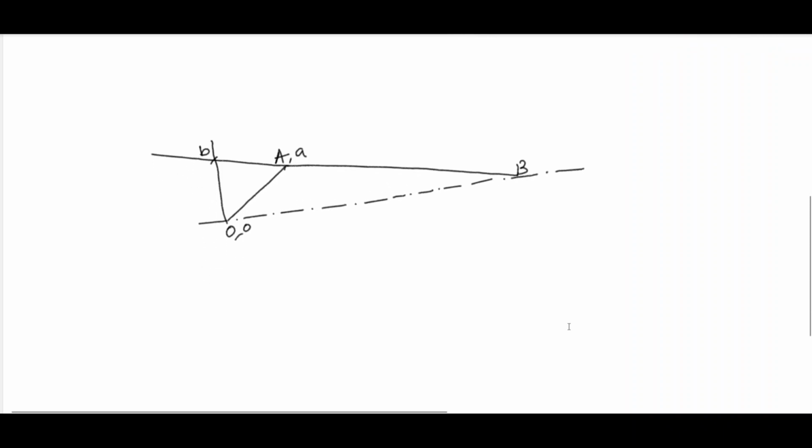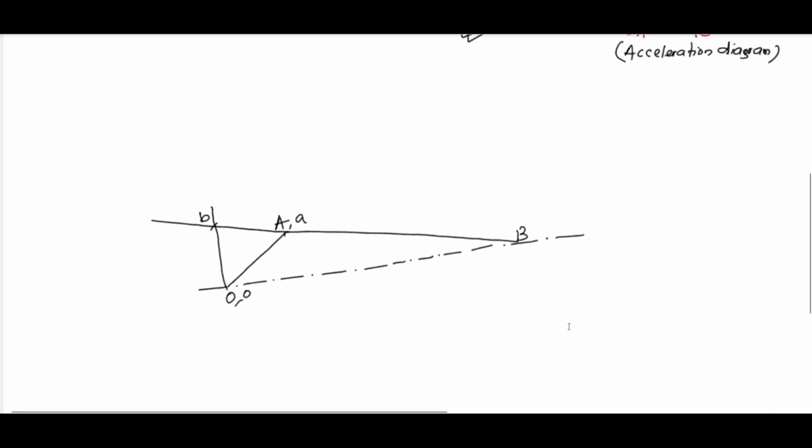Now, next step is to get the acceleration diagram. For this, the first step is to draw a circle with small ab as the radius.